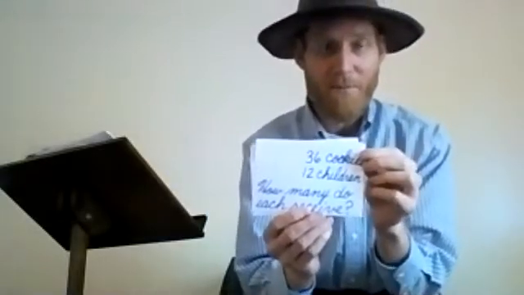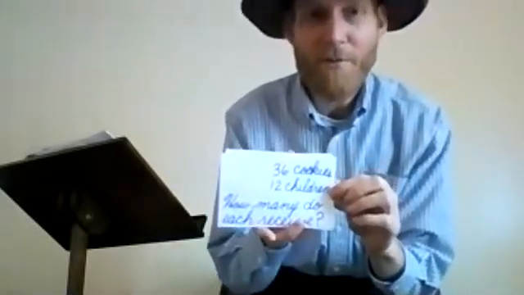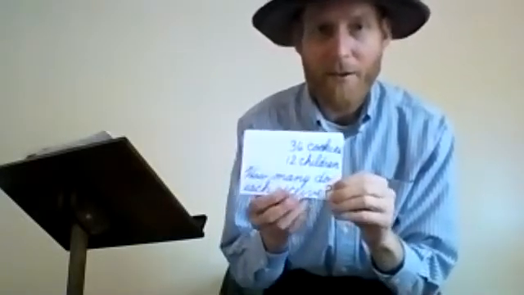Here's a good one with a clue word. There are 36 cookies, and there are 12 children. How many cookies would each of the children receive? There's 36 cookies, there's 12 children.